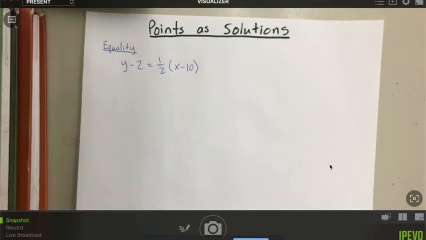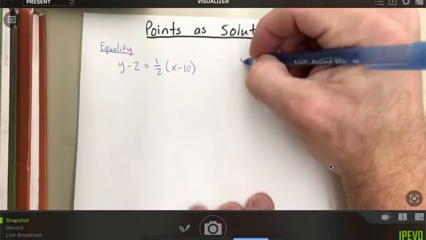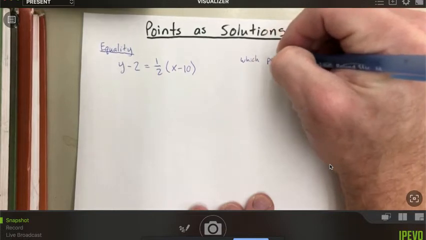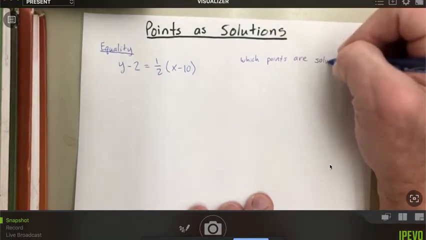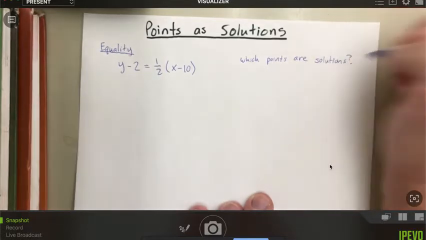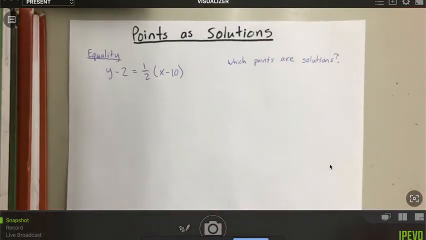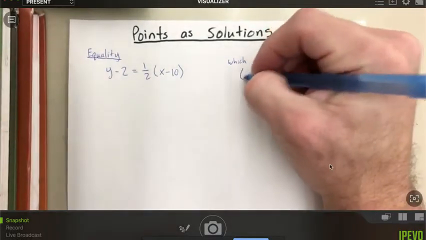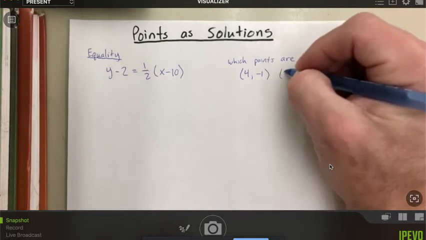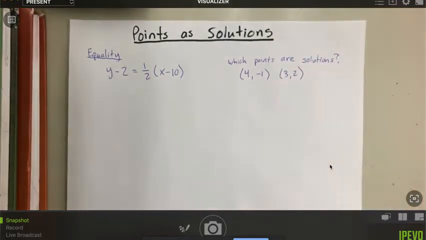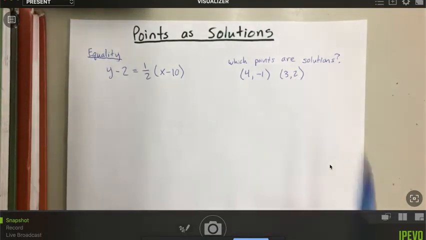Now, the next question is, I want to know which points are solutions. And in this case, I'm just going to give you two and we're going to check it. All right, so the 2 points I'm going to look at are (4, -1) and (3, 2).